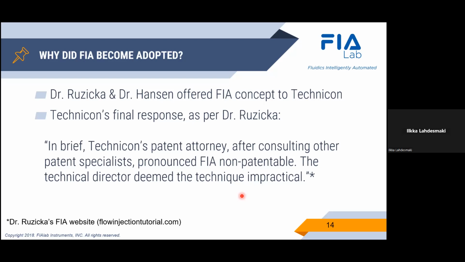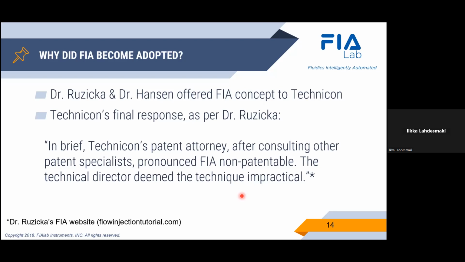And their technical folks said that this new invention was completely impractical and is never going to become a real method of analysis, so it's of no interest to Technicon. That's pretty stark comments on this new invention from the people who were the world's experts in the field of flow analysis.